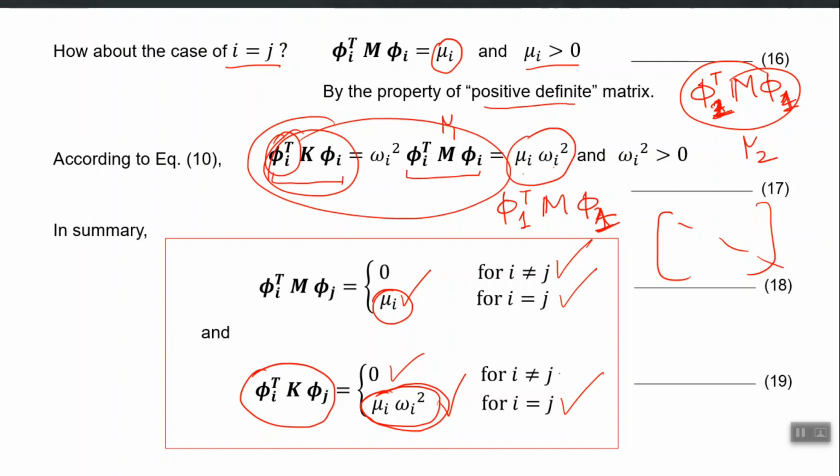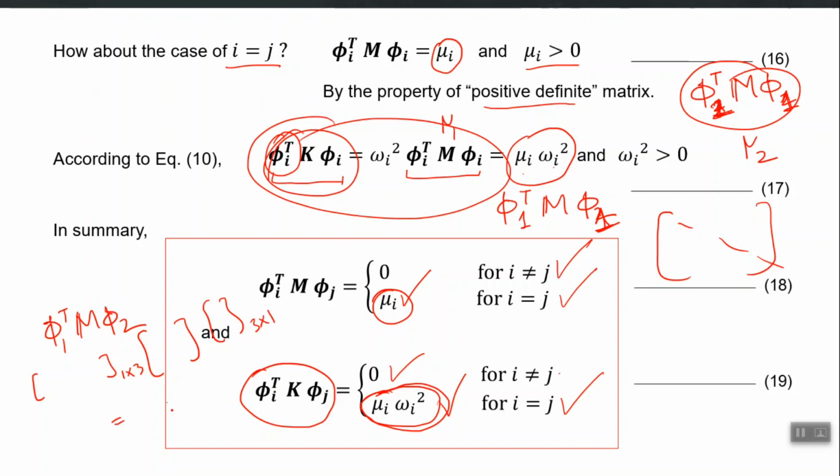You can even do it for that 3-story building example which you have already seen. You have calculated phi 1, phi 2, phi 3. Now, simply multiply phi 1 transpose with the mass matrix times phi 2. This will be your 1 by 3 times 3 by 3 times 3 by 1.